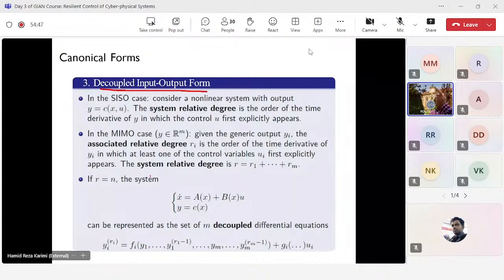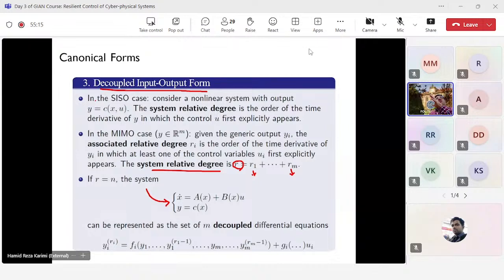So you need to look at the relative degree R, and it means that for each subsystem you have a different relative degree, R1 to Rn. And then if the sum of the R is equal to n, the order of the system, then you can find this shape. For this system, you need to find the decoupled input-output form.